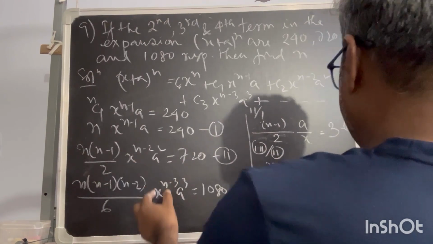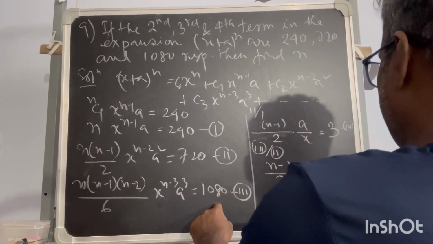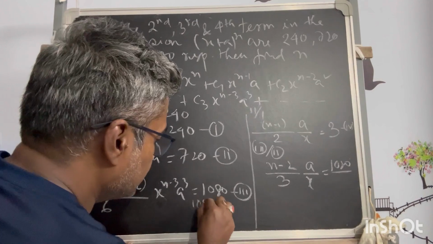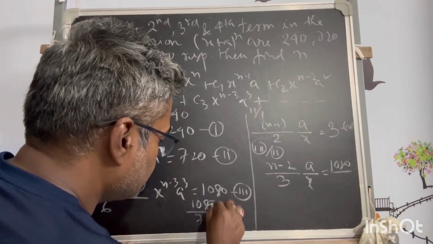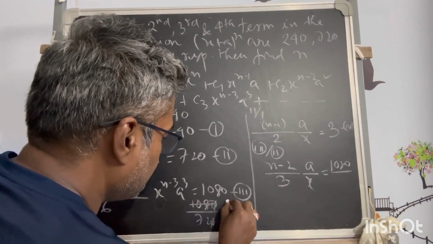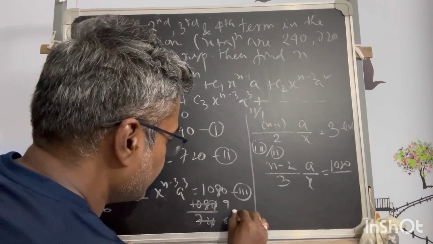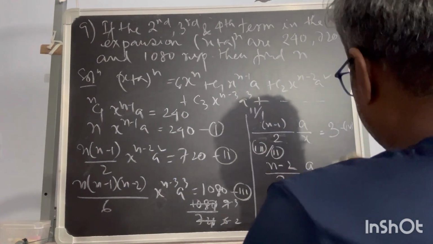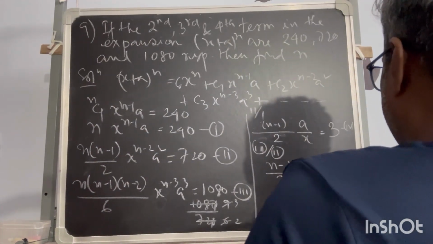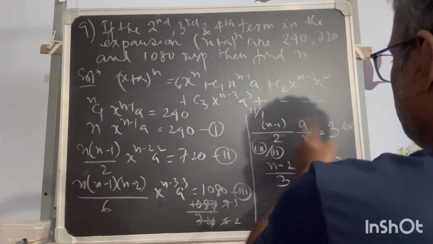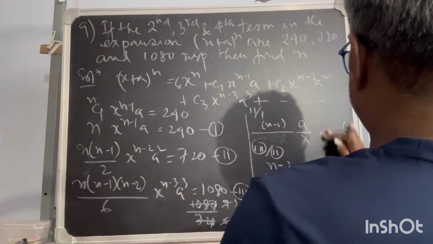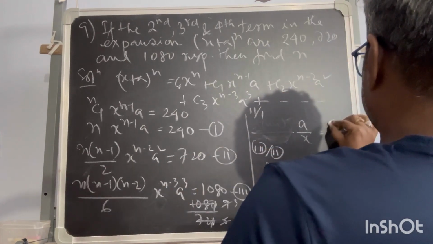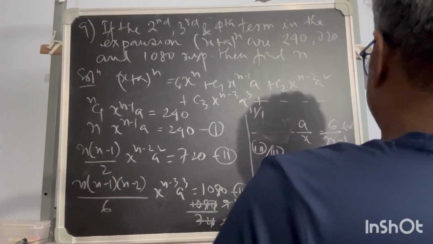Here, out of this 2, x will come there, and if I reduce 1080 by 720, 0 and 0 cancel, this is by 12, this is by 6, further 3 and 2. So the thing that will remain here is 3 by 2. Further, I will make it easier, from a by x.